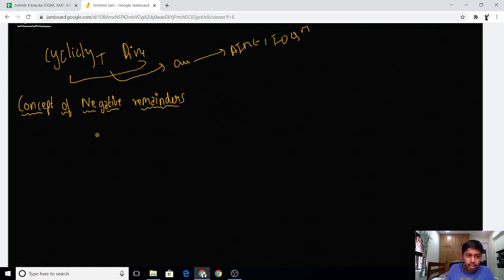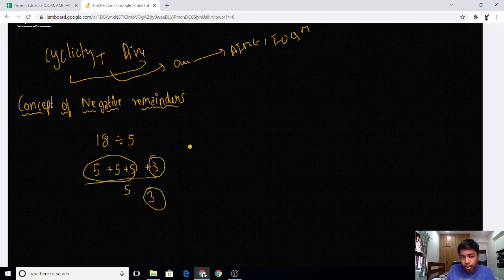So I have a number 18 and I'm going to divide it by 5. When I'm dividing it by 5, I write 5 plus 5 plus 5 plus 3, divided by 5. These numbers are divisible by 5 and this number is not divisible by 5. So I say the remainder is 3.